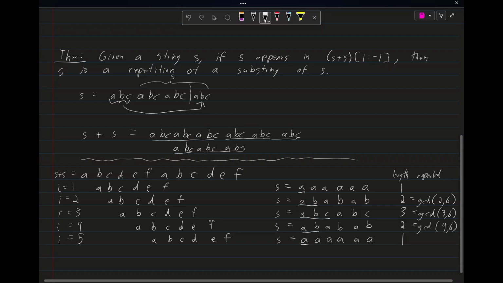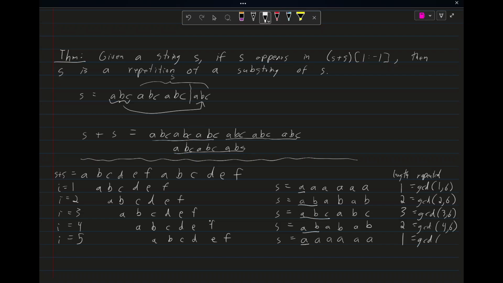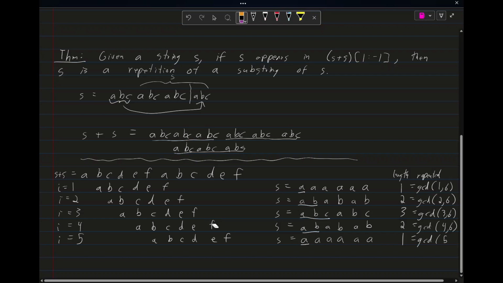Obviously it's the greatest common divisor, because the only other integer there is 1, which doesn't count. And then obviously 1 equals GCD of 1 and 6.